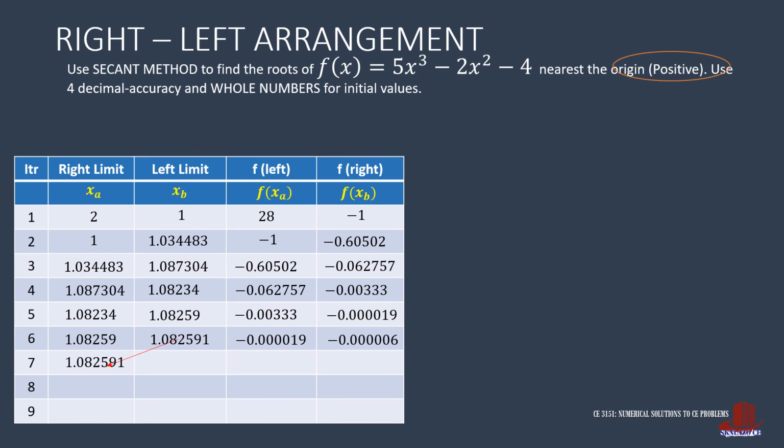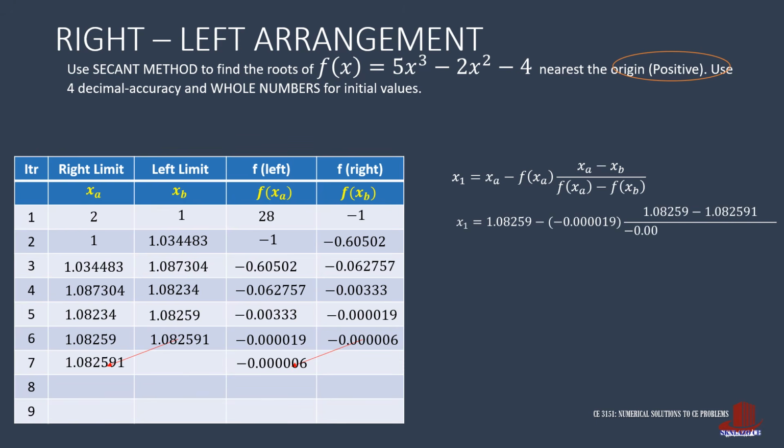If we iterate once more, xa is then 1.082591, and f of xa is -0.0000006. Solve for xb, where it turns out as 1.082591, giving the same value for f of xb as the previous answer.